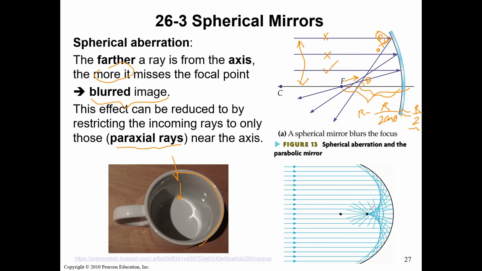Those paraxial rays will converge on this point. This is a bright point in here, but those rays that are farther away from the axis, like this ray, will actually cross somewhere further away from the focus and closer to the wall of this cup. So at the end of the day, you see this kind of pattern when you put the cup in the sunlight, and it tells us about spherical aberration.